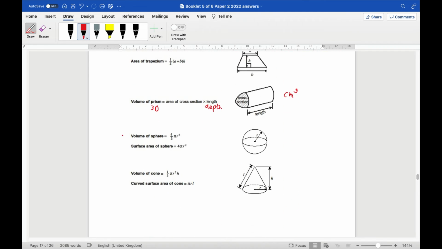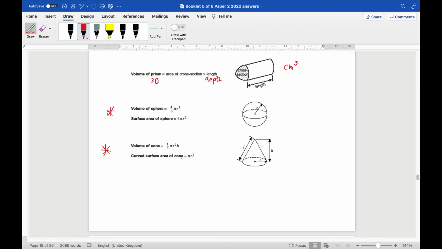Now, the two higher tier ones are spheres and cones, and I don't like the cone one. Listen very carefully. Something I mentioned in class, but not right. This should read 1/3 times the area of the base times the height. Now it just so happens in a cone that the base is pi r squared.